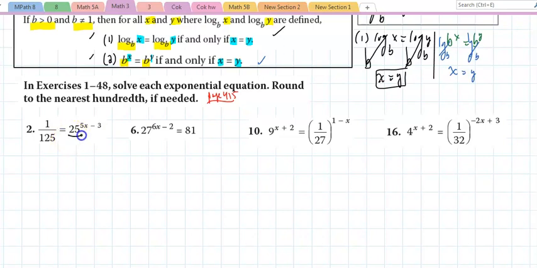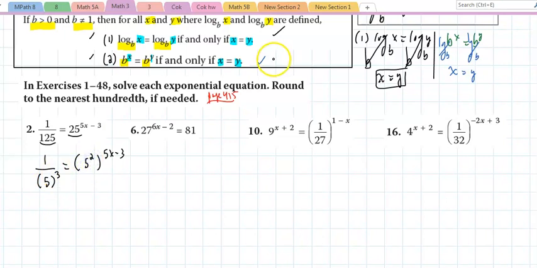I see 25 and I see 125, and I know both of those can be written as an exponential with a base of 5. So I could say this is 1 over 5 raised to a power, and I could say this is 5 raised to a power. And how does that work? Well, I could say this is 5 cubed, and this is 5 squared.